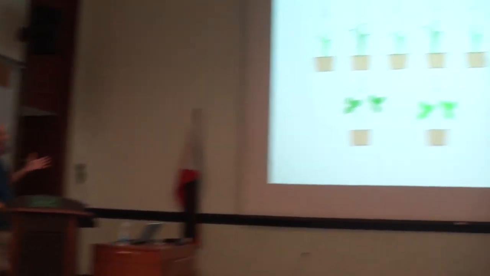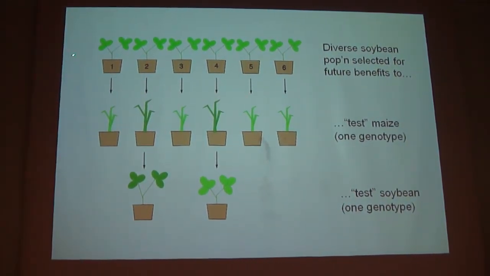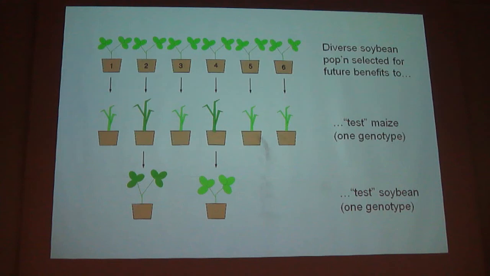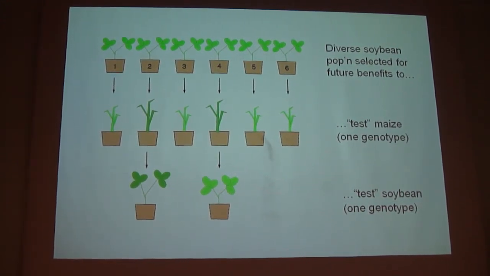I don't know if you do it exactly this way, but let me just explain the logic. So start out with a genetically diverse soybean population. I should have drawn them in different sizes and colors to make the point that they're genetically diverse.